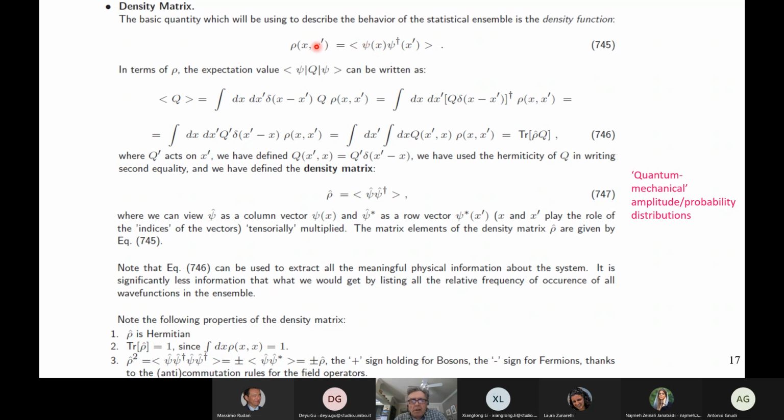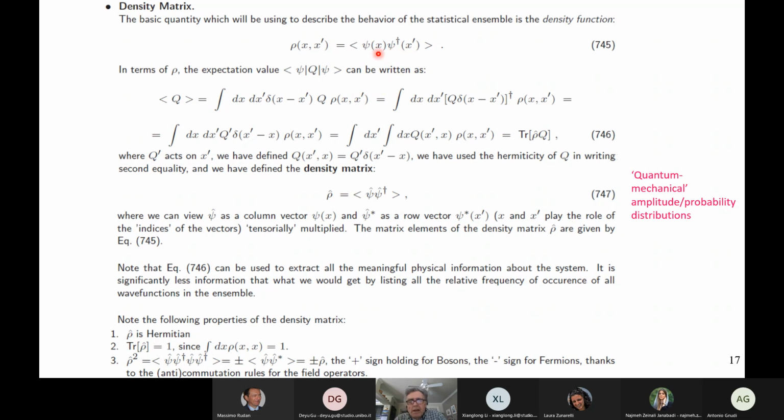Then we can talk about a density matrix represented now in the basis of the eigenstates of the Hamiltonian. So the variables x and x prime would be replaced by energy and energy prime, for example, or momentum k and k prime. So we can talk about the density matrix as representing the system.